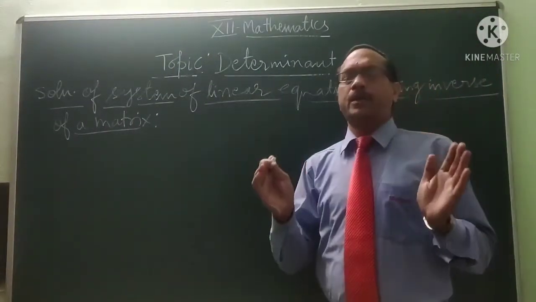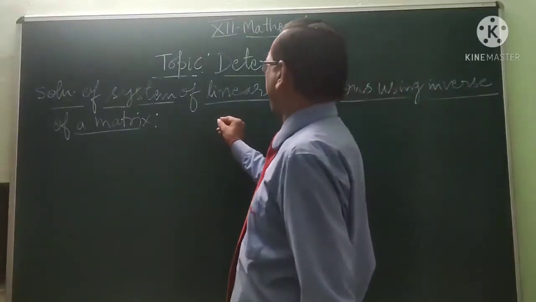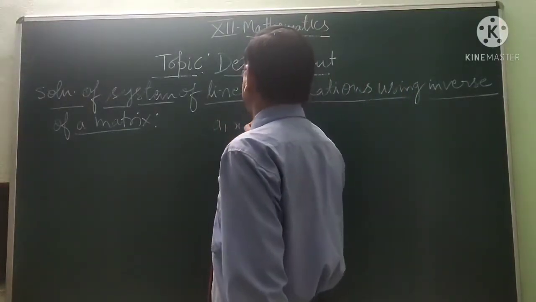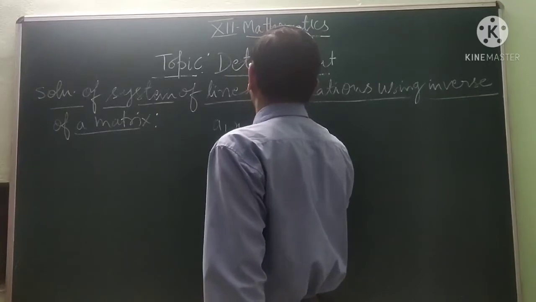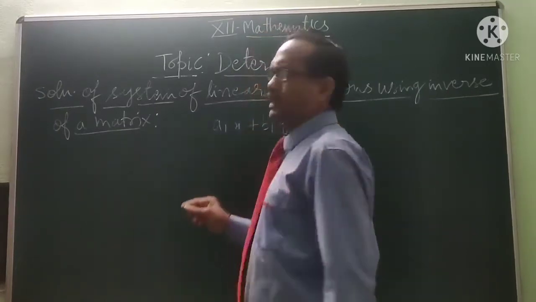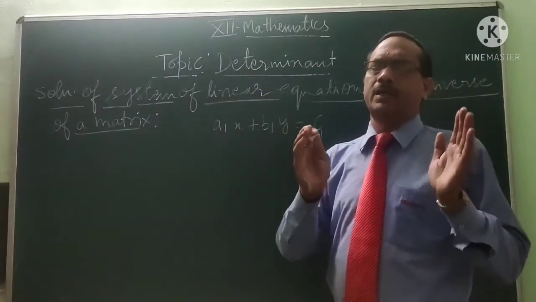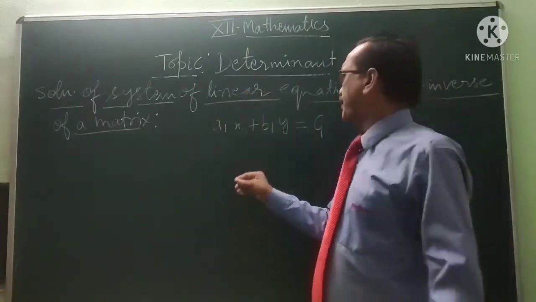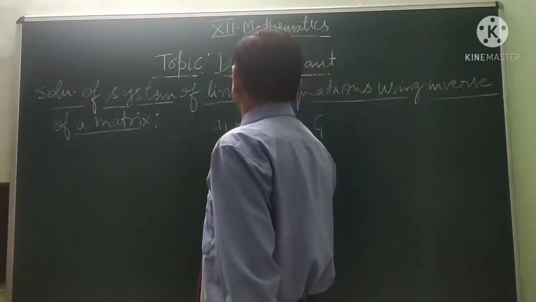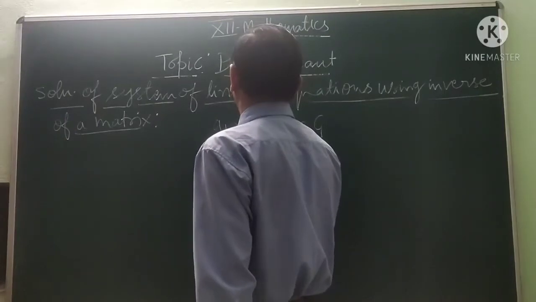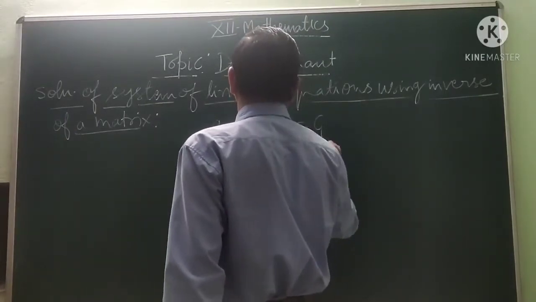Student, here linear equations are given like a1x plus b1y equal to, suppose, c1. First, I am telling a simple logic for a 2 by 2 matrix. Another equation is a2x plus b2y equal to c2.